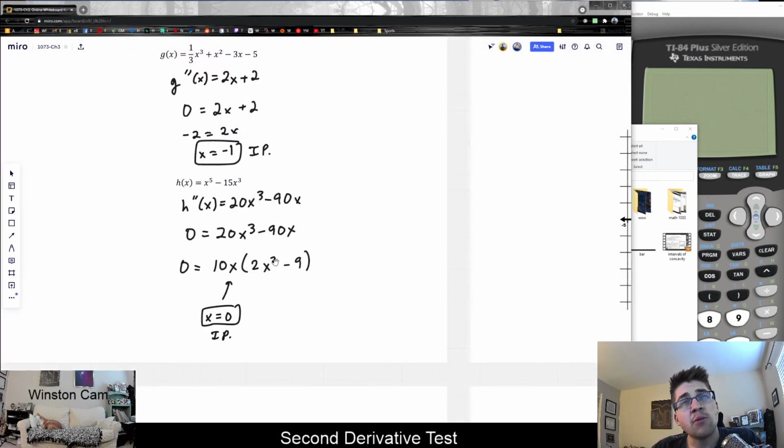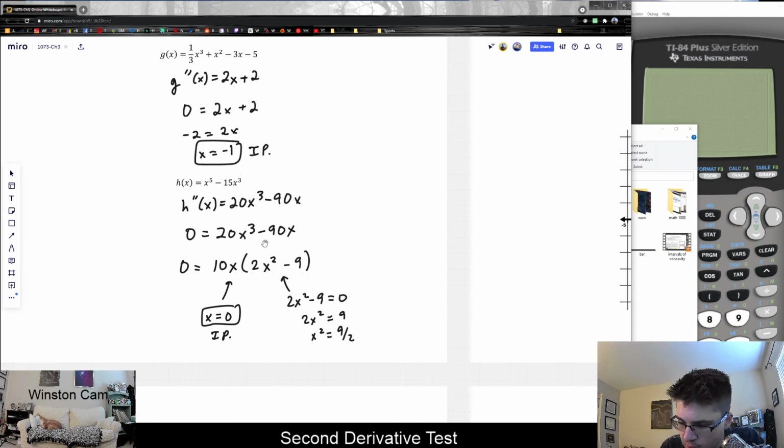Now, 2x squared minus 9 is not exactly a difference of squares, so we can't perfectly factor that. But we could always set it to 0 and figure this one out as well by just writing an equation. So I could add 9 to both sides and then divide by 2. But basically, I would have x squared is equal to 9/2. That is not a perfect square.